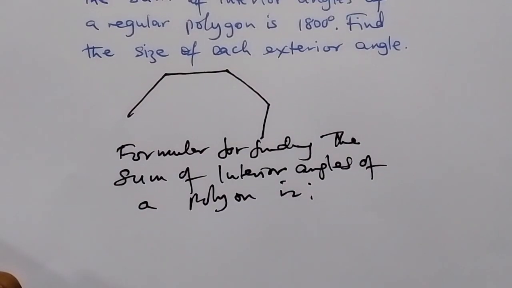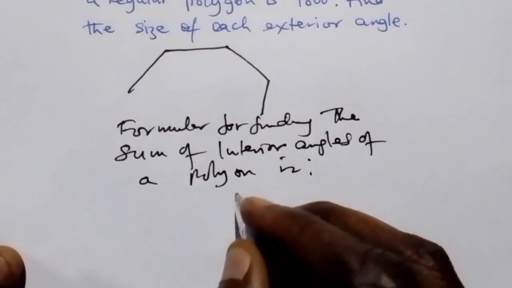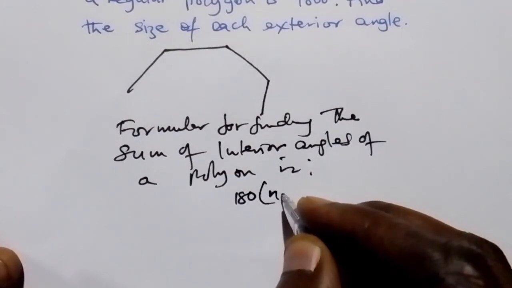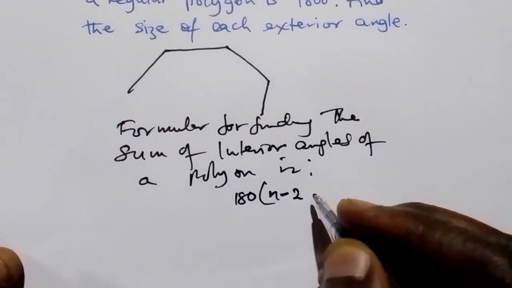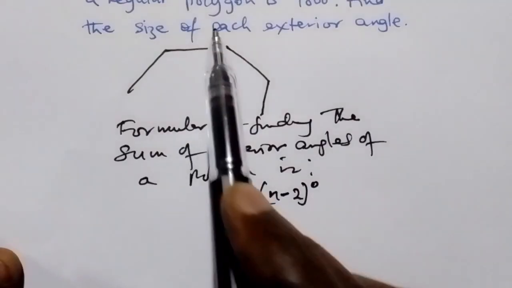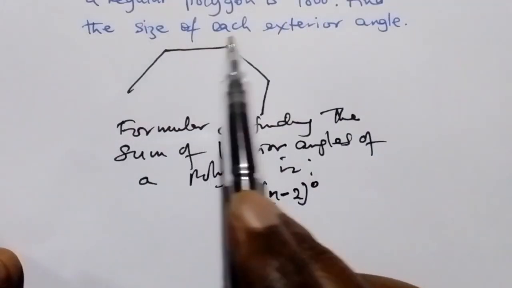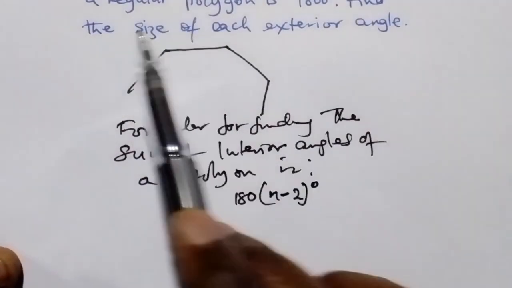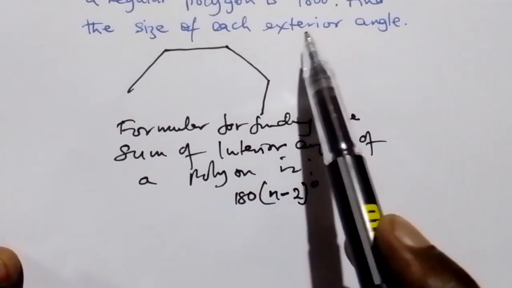The formula for finding the sum of interior angles of a polygon is 180 into bracket n minus 2 degrees. So now we are given that the sum of interior angles of a regular polygon is 1800 degrees.